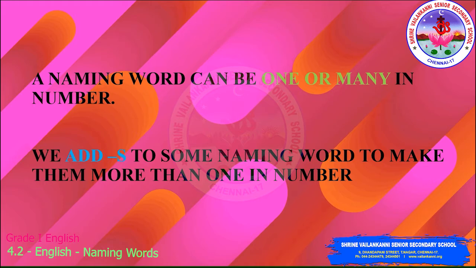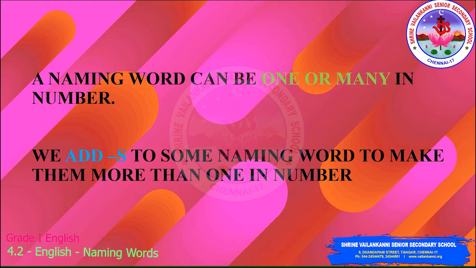Now let's see where we need to add s to a naming word. A naming word can generally be one or many in number. We might have one person or more than one person. We might have one pencil or more than one pencil. Now let's see where we need to add s for all these naming words.